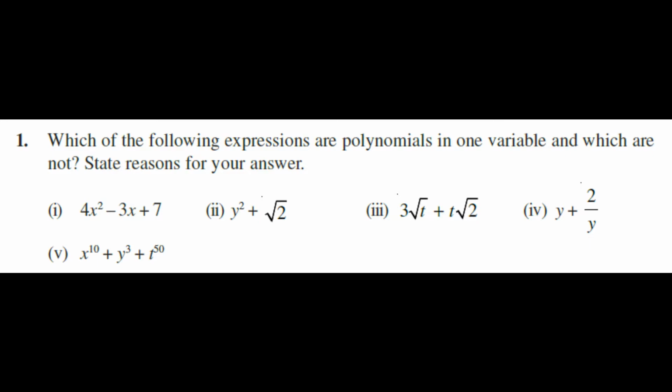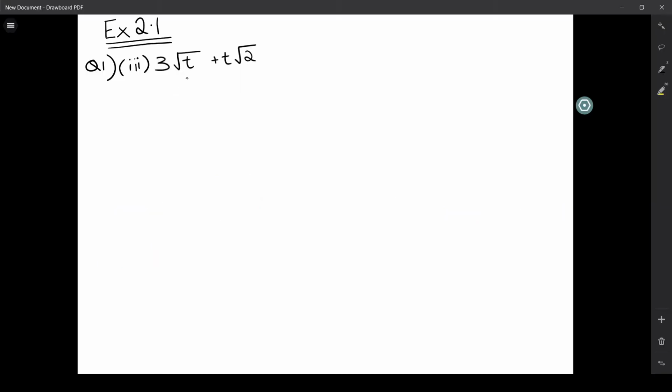Now the third part of this question is 3 under root t plus t under root 2. Now this expression is also an expression in one variable, the variable being t. However, it is not a polynomial. How do we know that?